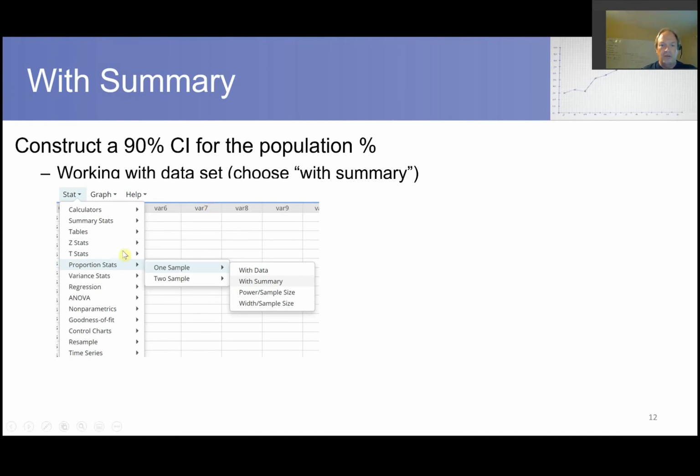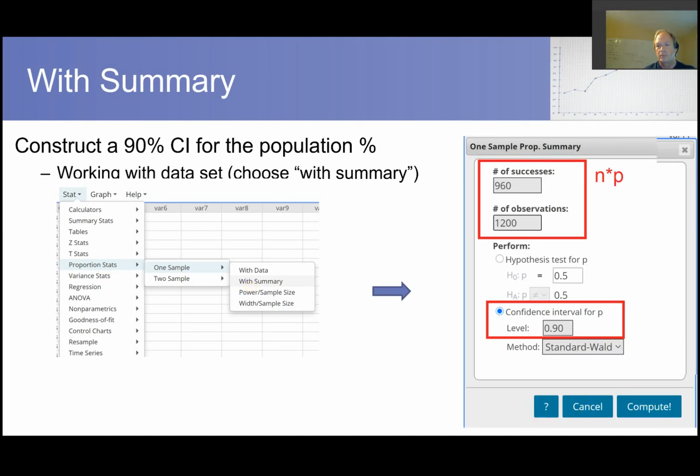We again choose proportion stats, one sample, but now we choose with summary. One thing that makes this problem a little trickier is you have to enter the number of successes. So here you use your sample size, which is 1,200, and multiply it times the sample percentage, which was 80%. If you do that, you'll find there are 960 successes.